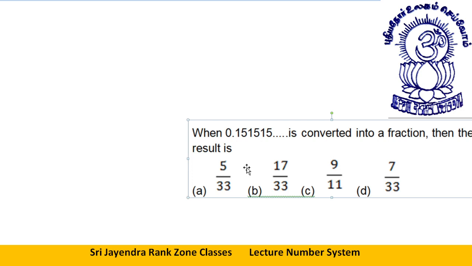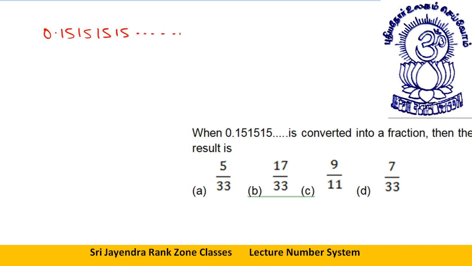So this time we have a similar one we have done previously, 151515 and so on. So I can write 15 by 99. If I cancel them 3 by 3, then I get 5 by 33. This is option number A.